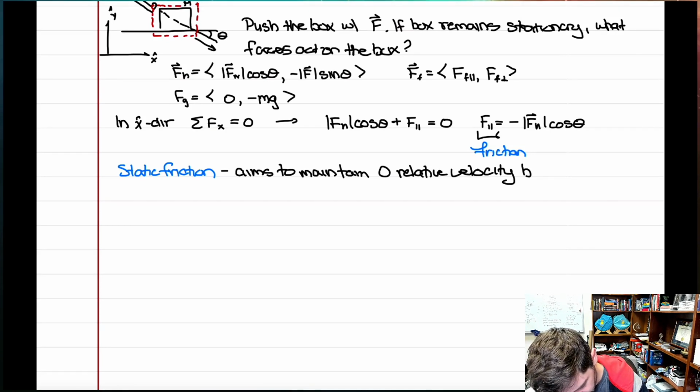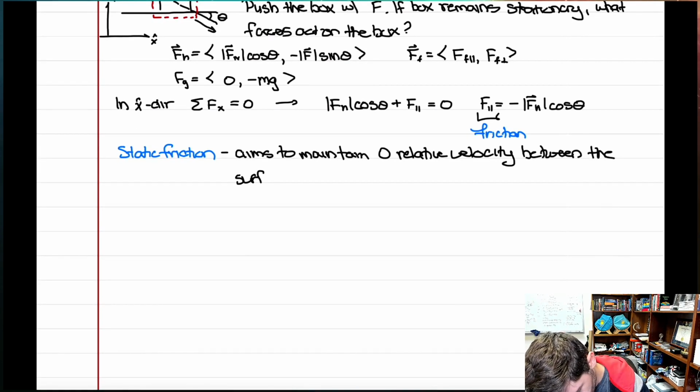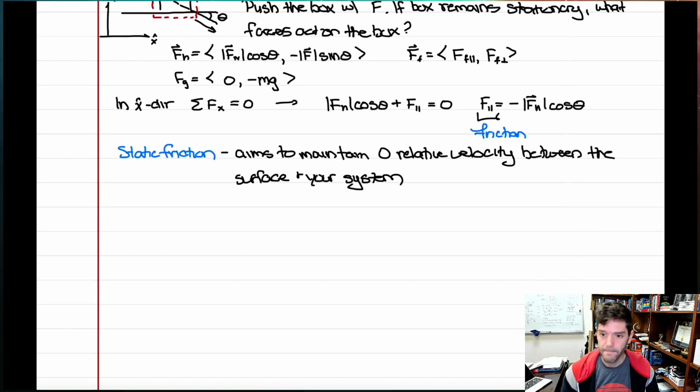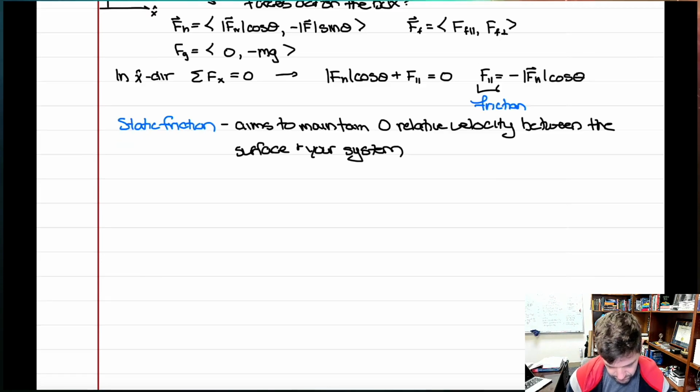Zero relative velocity between the surface and your system. So you can imagine, sometimes it can be tricky to determine which direction the friction component should point as a vector.